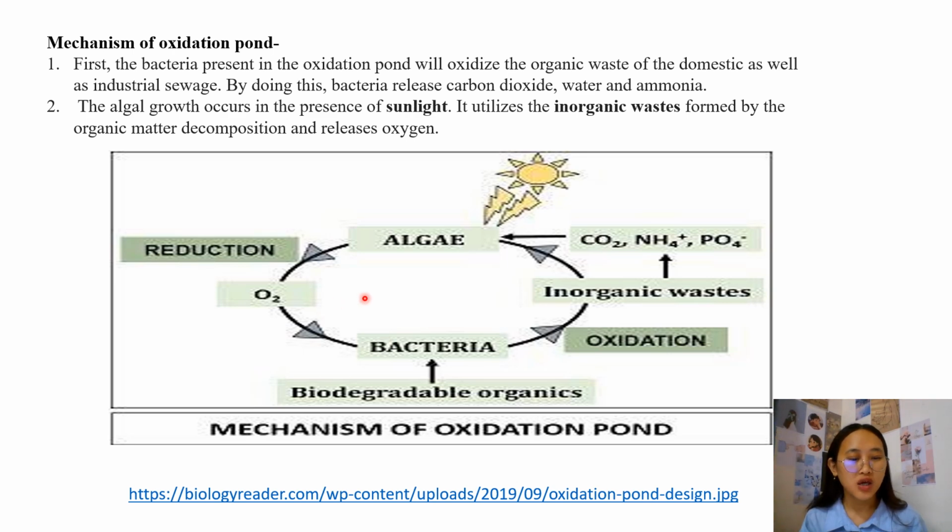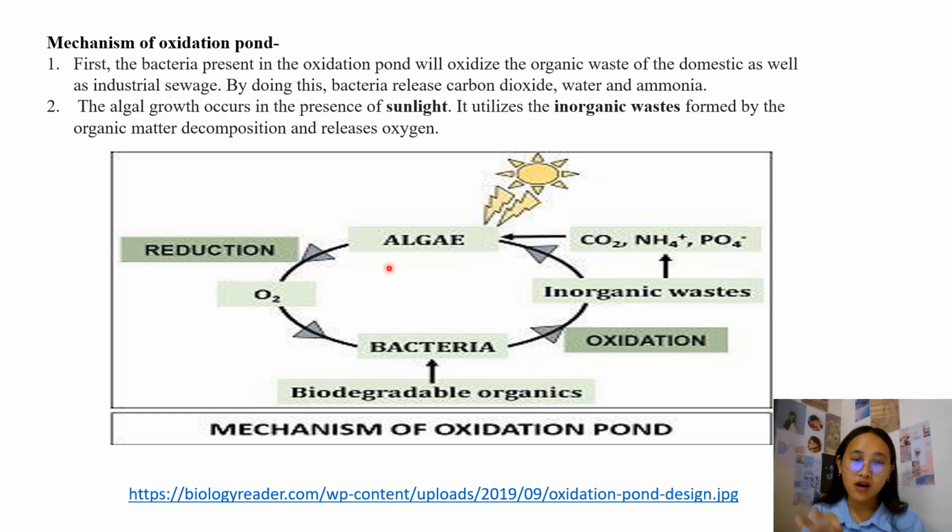So from these two mechanisms, we can clearly see that the algae and bacteria work mutually to fulfill each other's requirements, right? So the bacteria use oxygen released by the algae to oxidize the biodegradable organics. The oxidation of organic waste by these bacteria releases carbon dioxide.